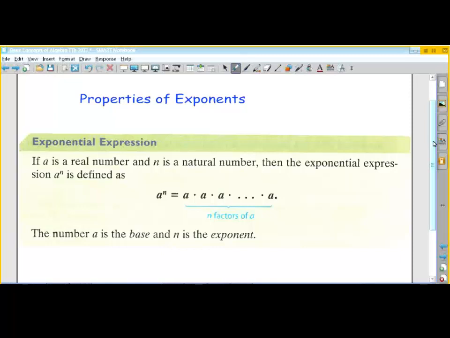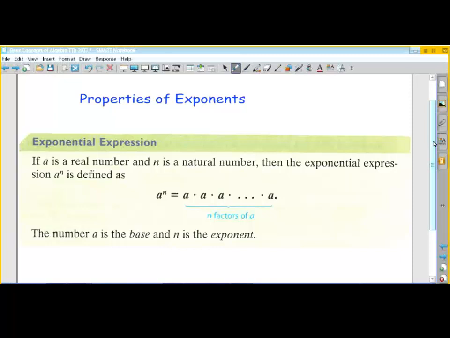N is a natural number. Natural numbers are 1, 2, 3, 4, 5, 6, 7, 8. Then the exponential expression A to the N is defined as just the base, which is A, multiplied by itself n times. So the number A is called the base, N is called the exponent.